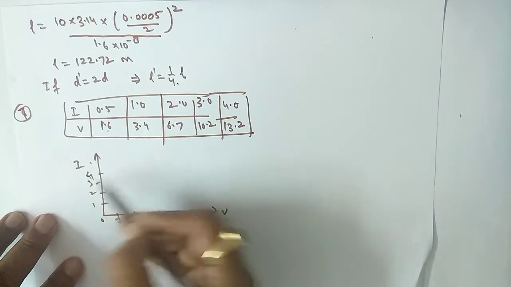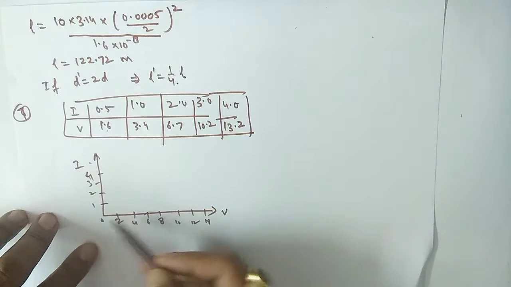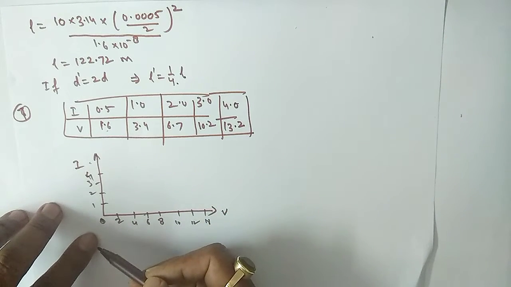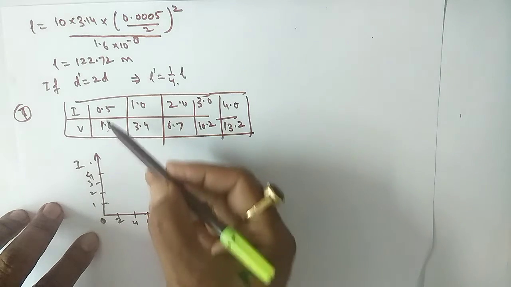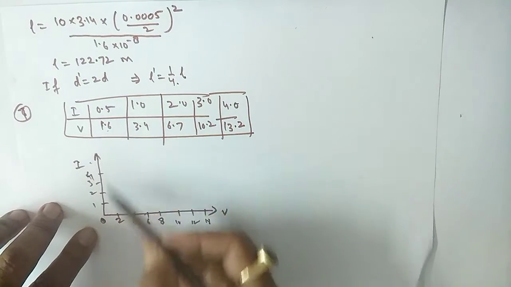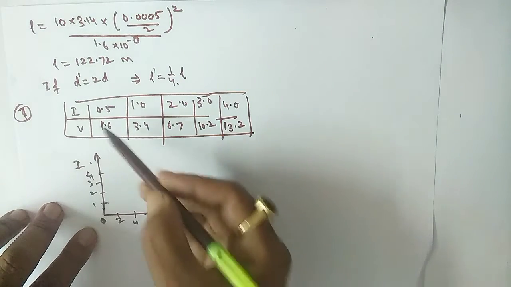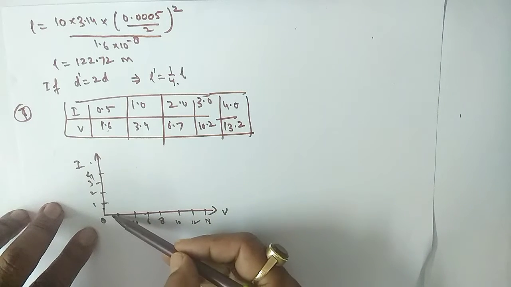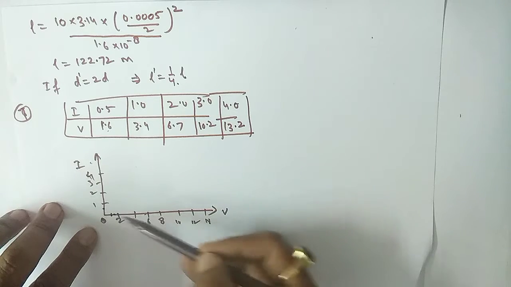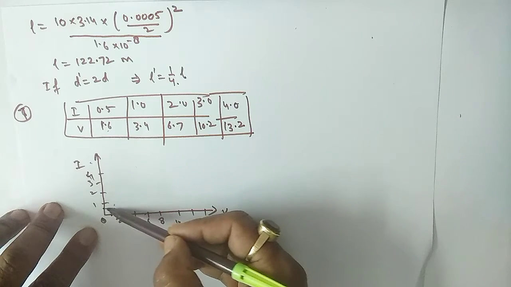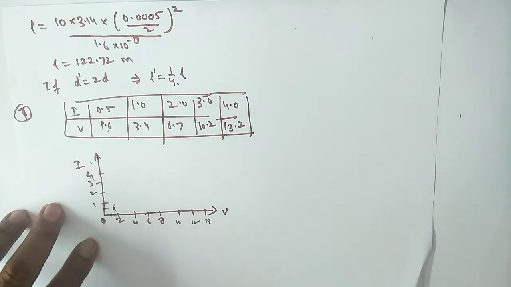Up to 4 is sufficient. Now you know very well how to draw a graph. Take the example I equal to 0.5 and the corresponding V equal to 1.6.